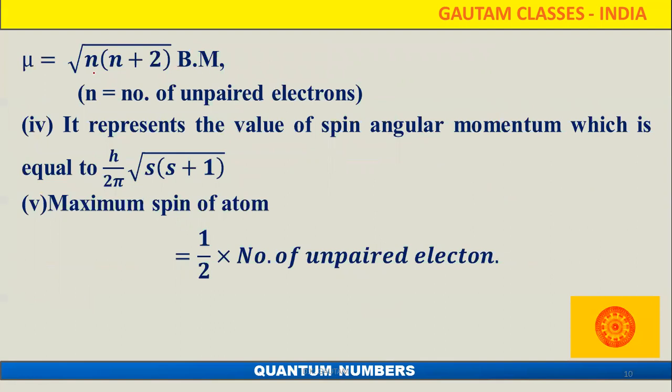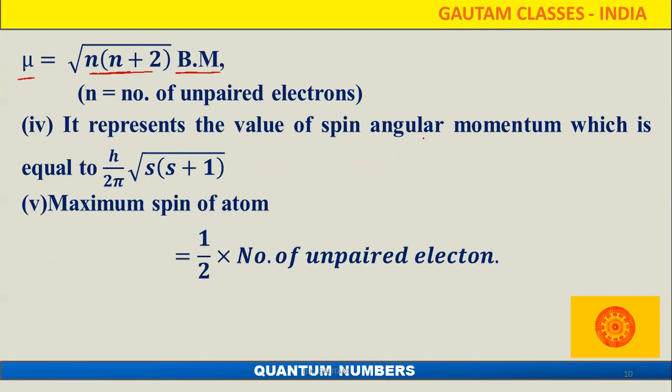If we find the magnetic moment using the number of unpaired electrons, we can use the formula root n(n plus 2), and Bohr magneton is the unit of the spin magnetic moment.